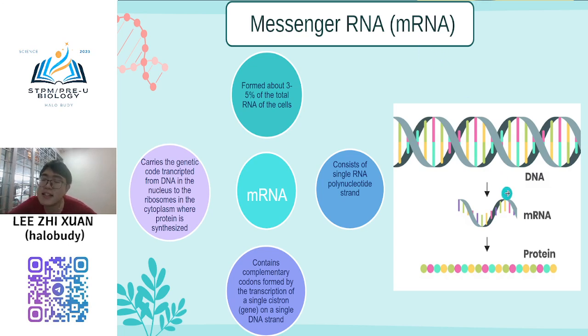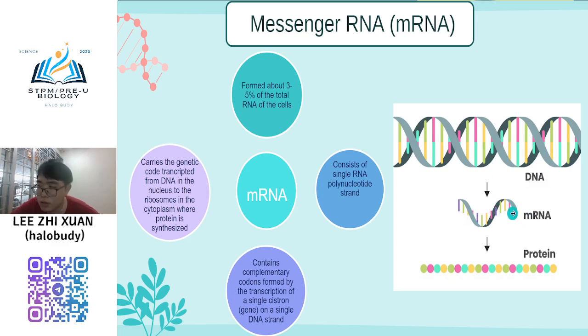mRNA is synthesized from DNA. This is just a short chain only. You can say it is like a copy of a segment from DNA, but very short. Just a copy. We call this the transcription process. So DNA is transcribed into mRNA.